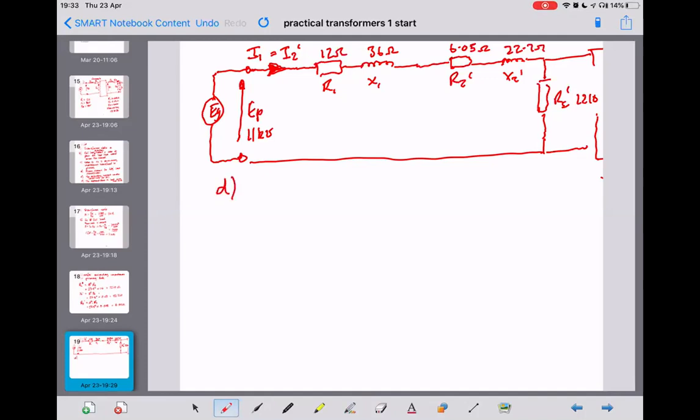What's the first thing we need to do to be able to find that current flowing? We've got the voltage being applied and a complete series circuit through R1, X1, R2 dash, X2 dash, and RL dash. So what formula would we use to calculate the current?